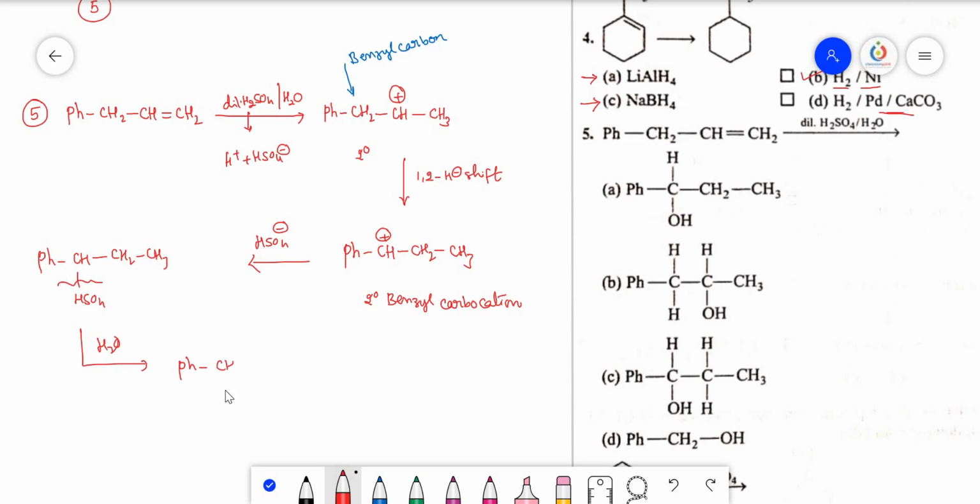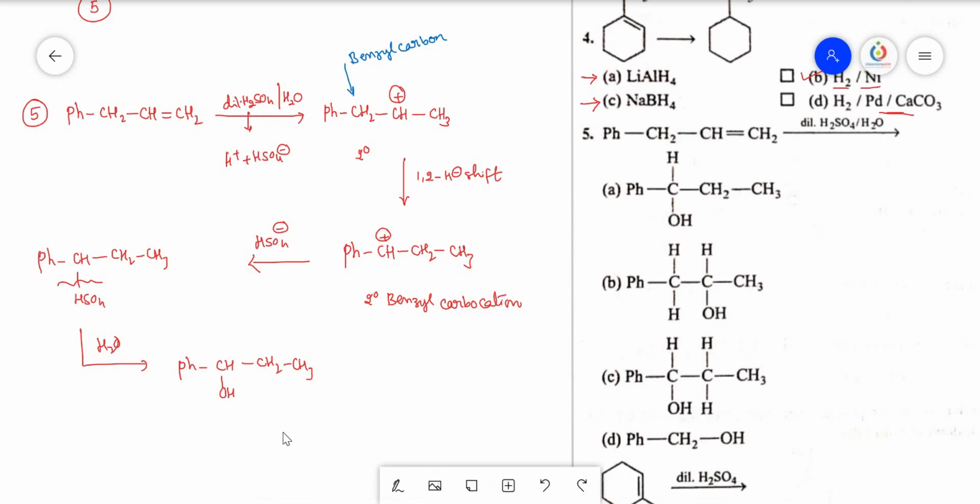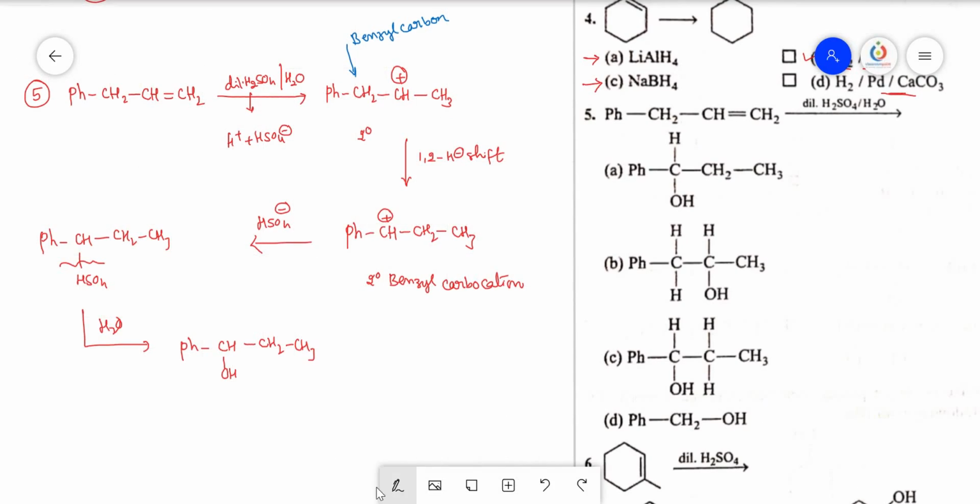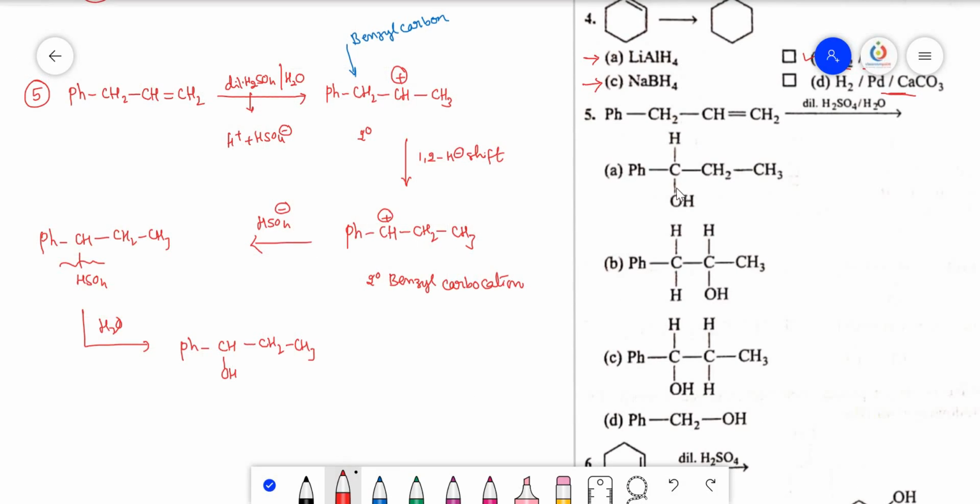So we get the molecule like this. So let us search for the option given among these. Here OH is present, so option A is correct.